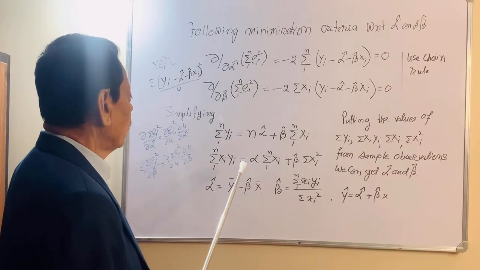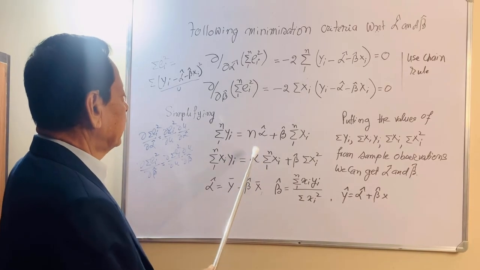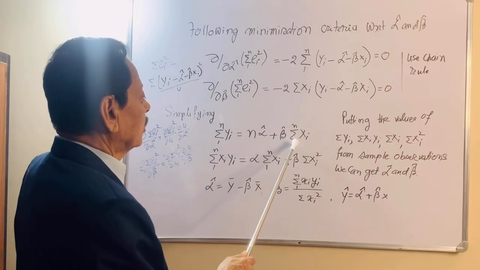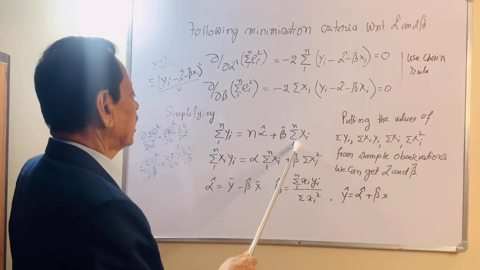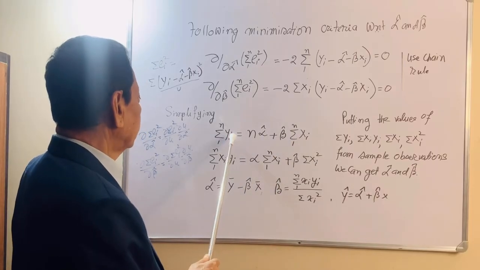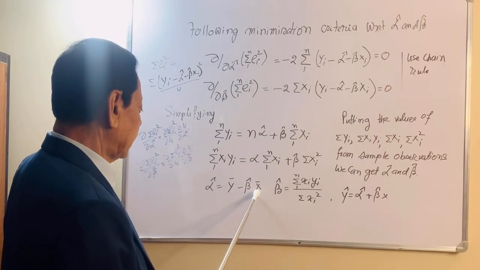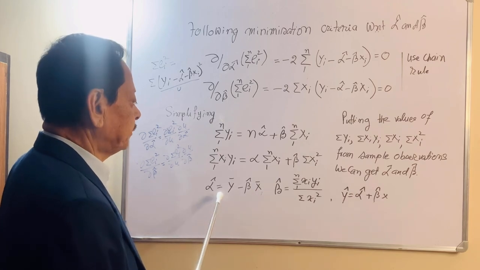And beta hat into sum xi divided by n means x bar. So this term will be x bar, and here this term will be y bar, and this is beta hat x bar. So this is alpha. Okay.